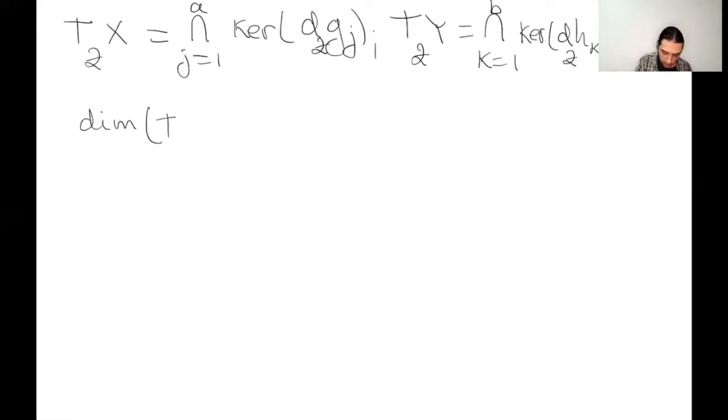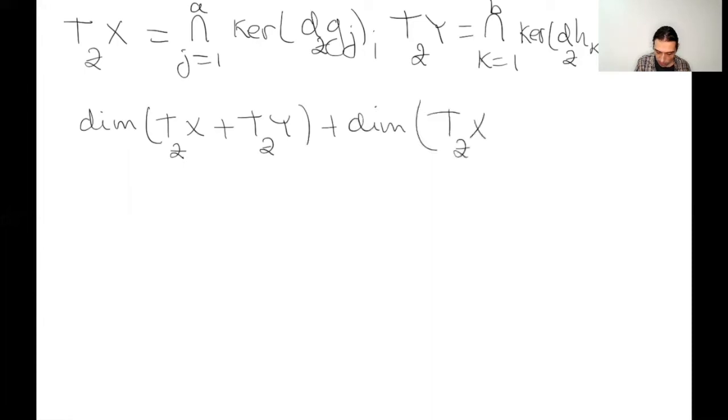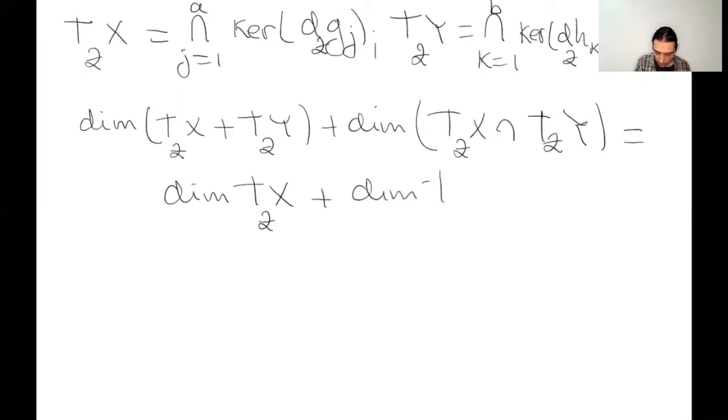So the dimension of the sum of the tangent space of X at C plus the tangent space of Y at C, plus the dimension of the intersection of these two linear subspaces, is equal to the dimension of the tangent space of X at C plus the dimension of the tangent space of Y at C. This is linear algebra.